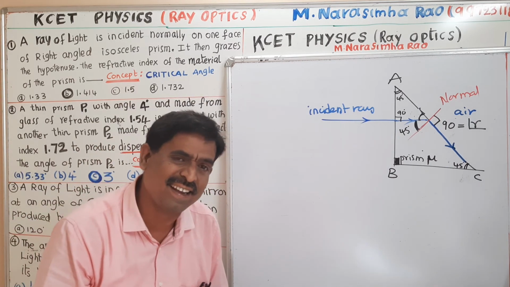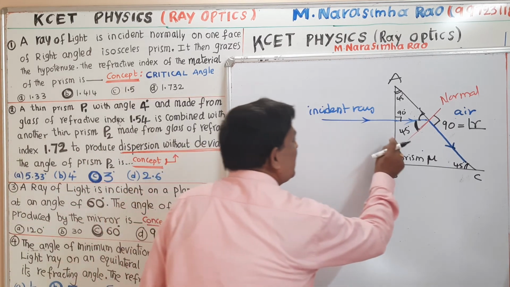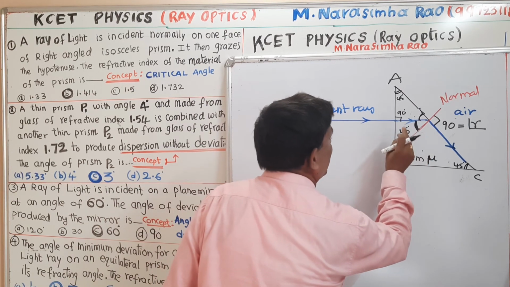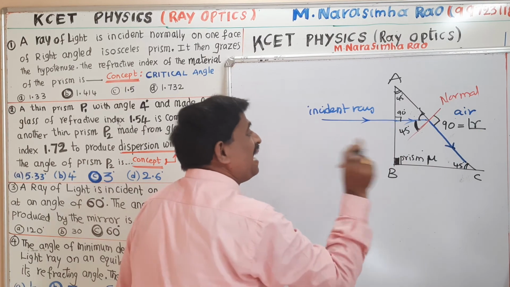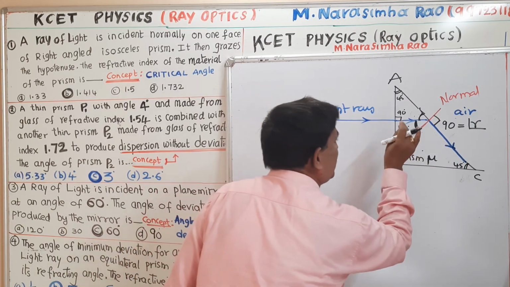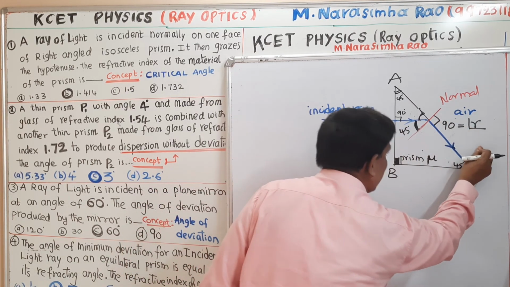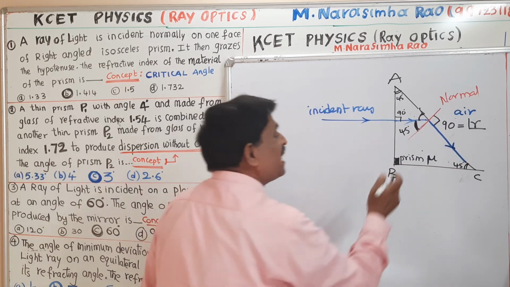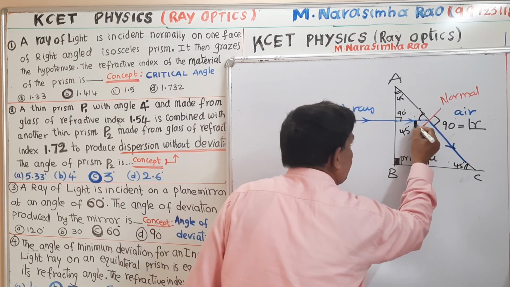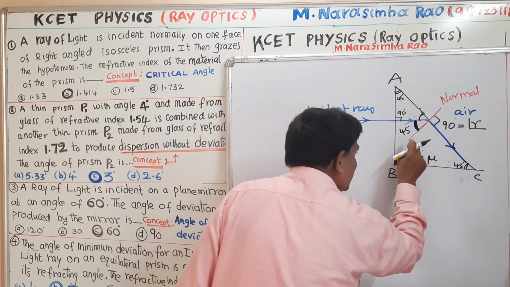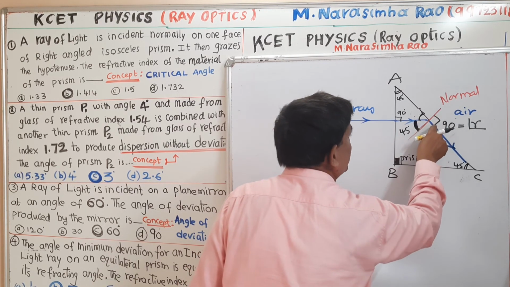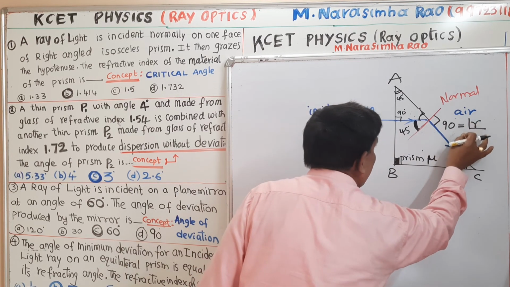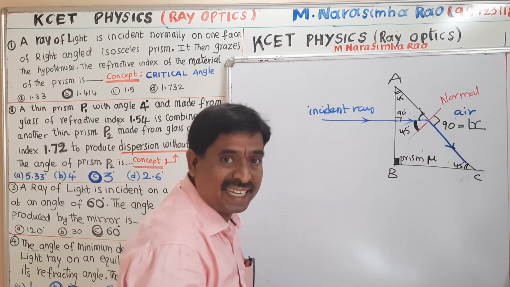Please listen. Here, the light ray is traveling from glass medium to air medium, from denser medium to rarer medium. At a particular angle of incidence in the denser medium, the angle of refraction in the rarer medium is 90 degrees.